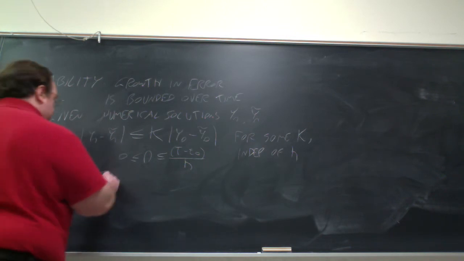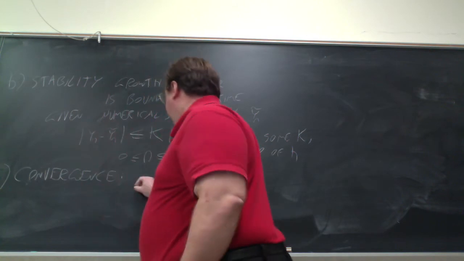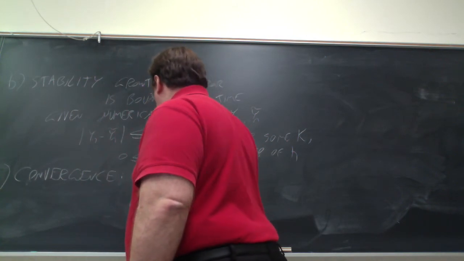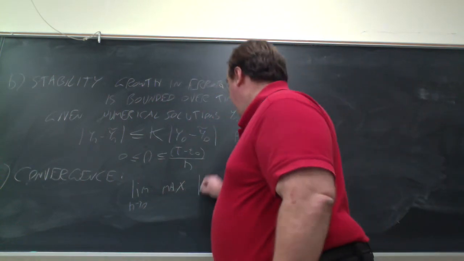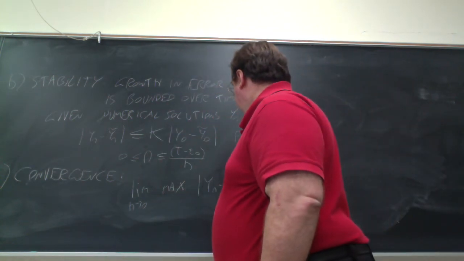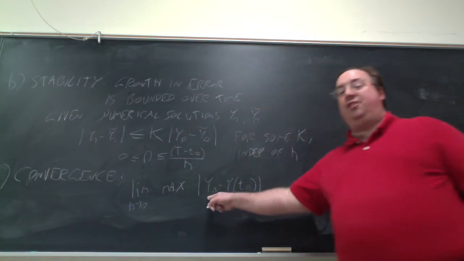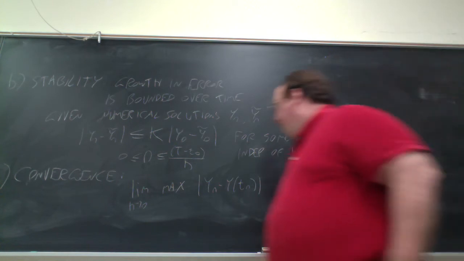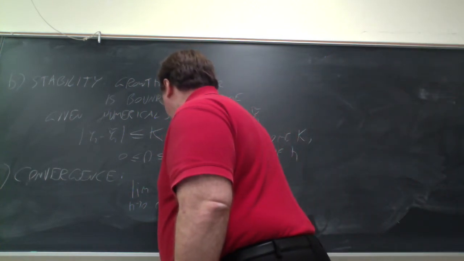Convergence simply means that as h goes to 0, the numerical solution converges to the exact solution. And I gave this definition before. So you look at the numerical solution at a certain time and the exact solution at the same time, over all time steps that you would be taking.